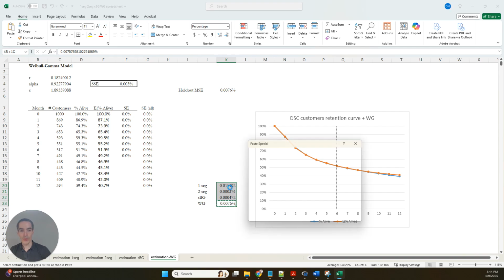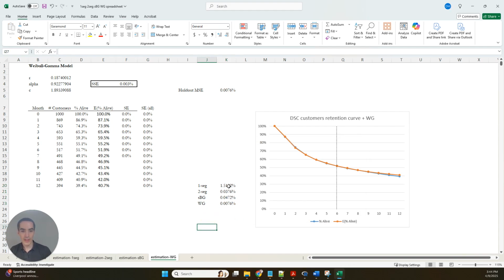So I'm just going to make the formatting the same. So what we can see is the 2-segment model brings about like a 10x or much larger than that actually reduction in error. But we can see that the SBG model is kind of comparable to the 2-segment model despite having 1 fewer parameters. And the Weibull-Gamma model has even a much lower error than either of these 2 models.